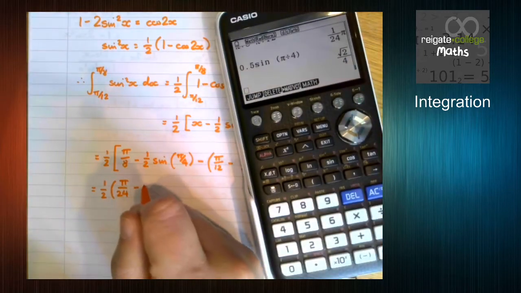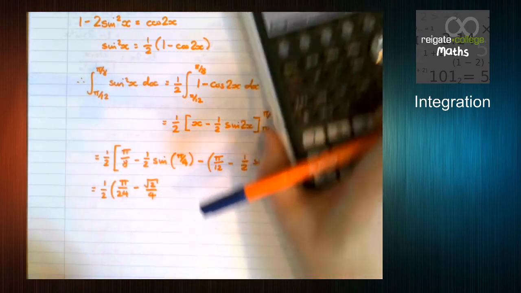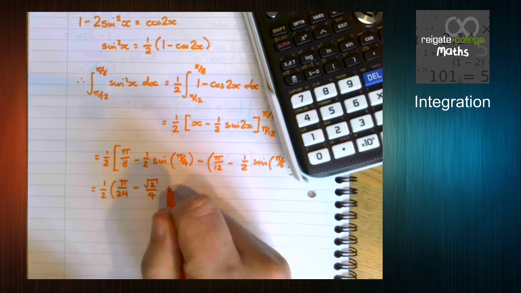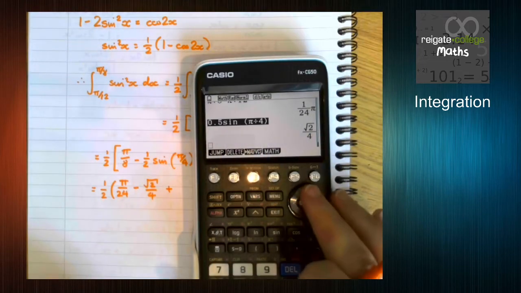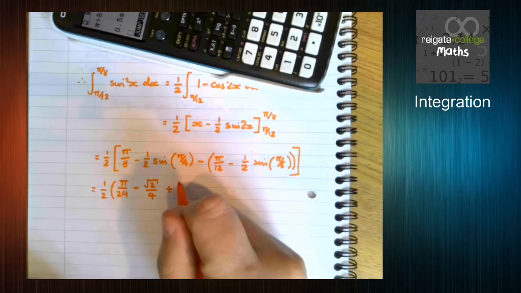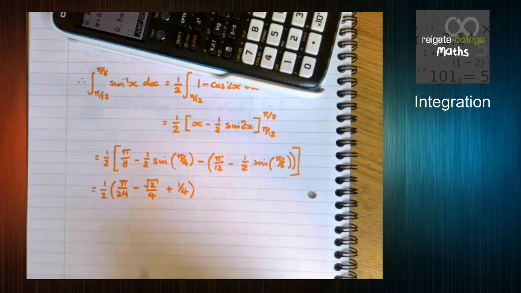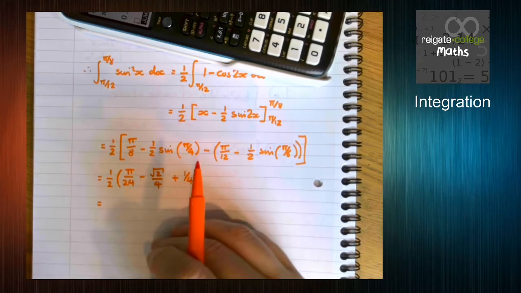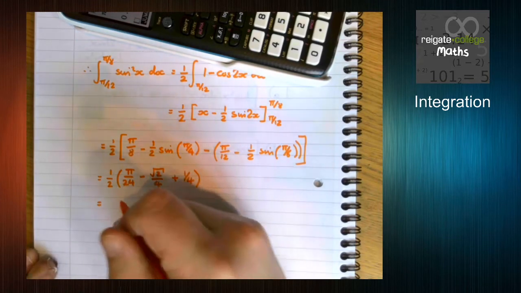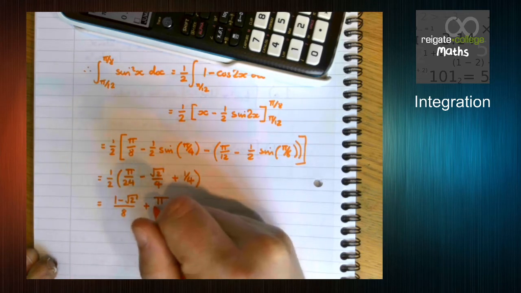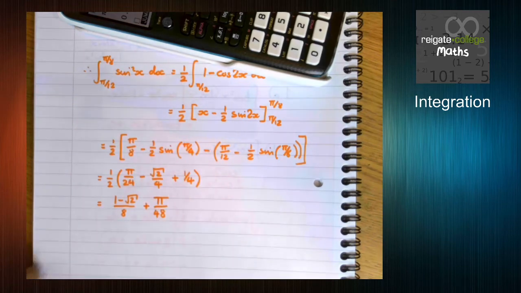So this is minus root 2 over 4. I've already dealt with the pi over 12. So minus minus plus a half sine pi over 6, which is a quarter. So we can now see, tidying it up-ish, that we're going to get (1 minus root 2) over 8 plus pi over 48. Which is not particularly nice, but it's exact.